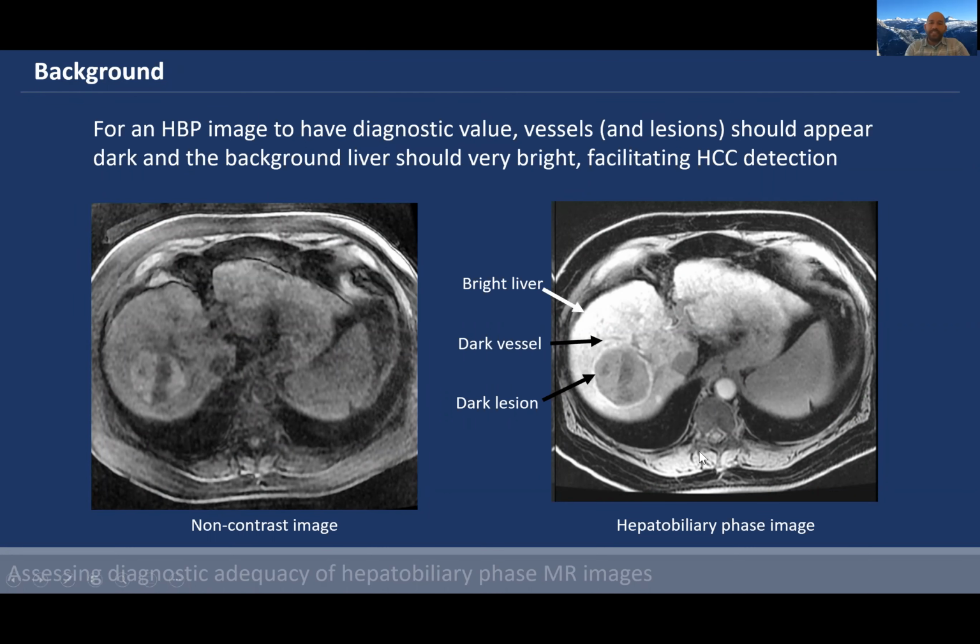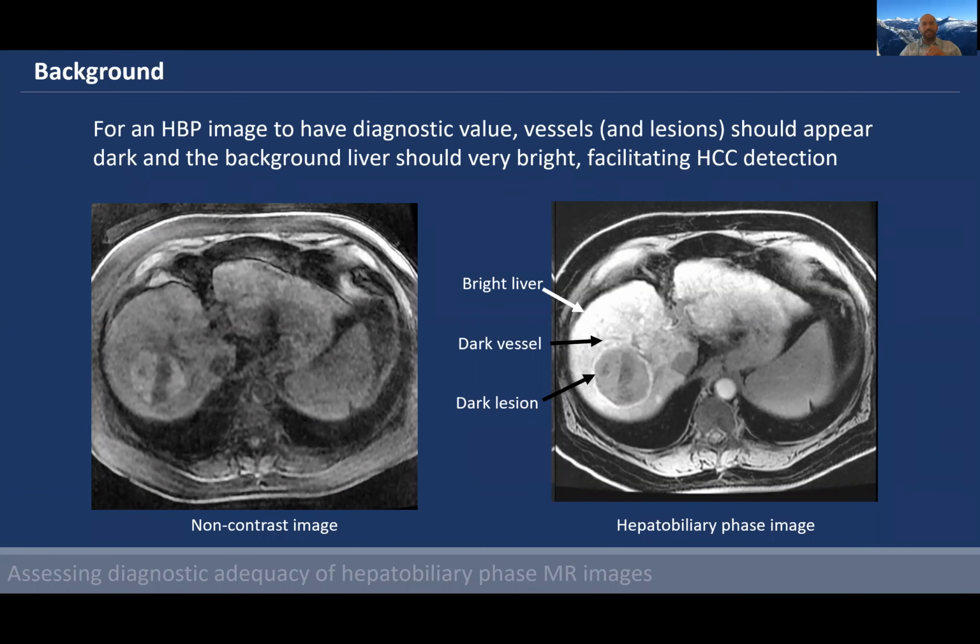So for this hepatobiliary phase image to have diagnostic value, the vessels within the liver, also used as a proxy for the cancerous lesions, should appear dark against the background liver, which we call the liver parenchyma. And it's this contrast between the dark vessels and the bright liver that facilitates HCC detection, right?